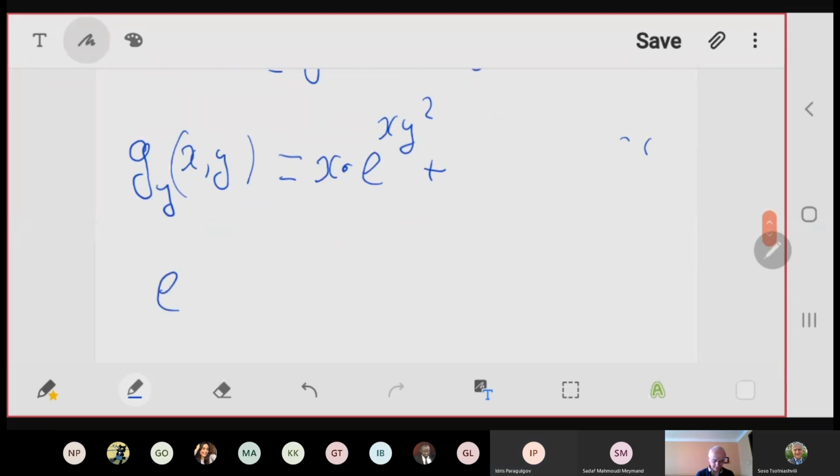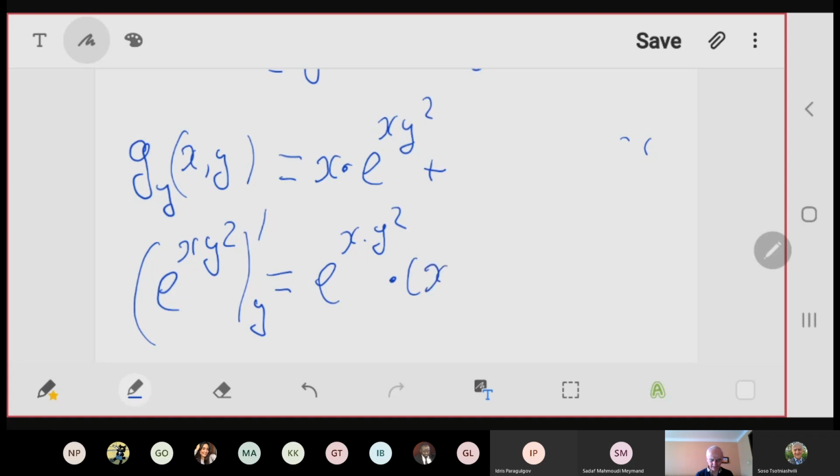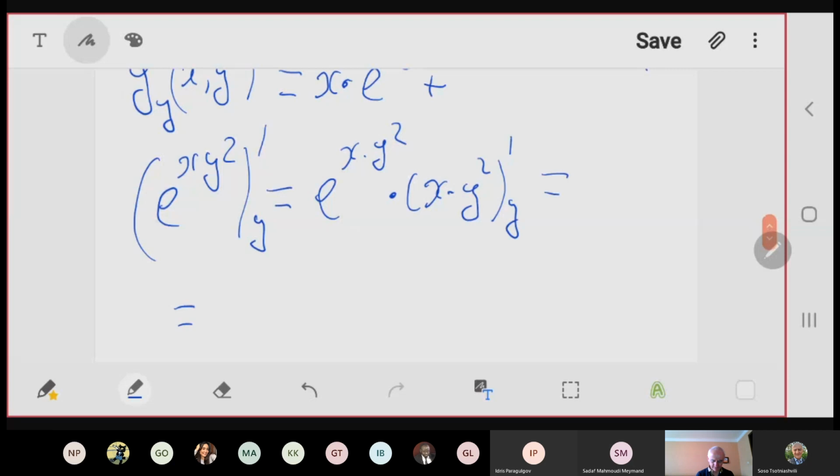So here, okay, let's do it more carefully. For e to power x y square, we should find the derivative with respect to y, and this derivative is e to power x y square, and then we should multiply by the derivative of x times y square with respect to y.